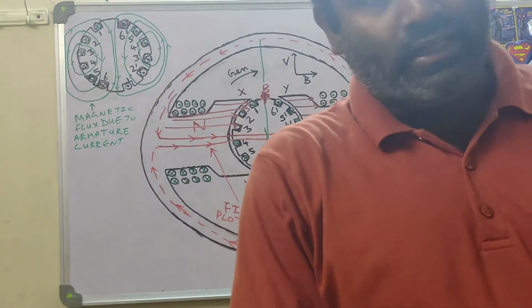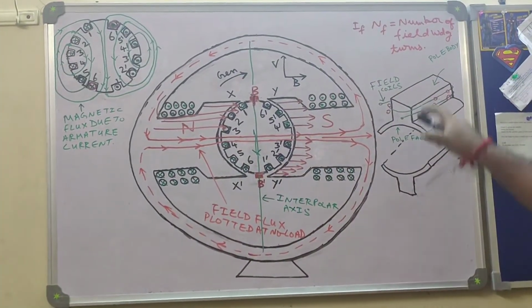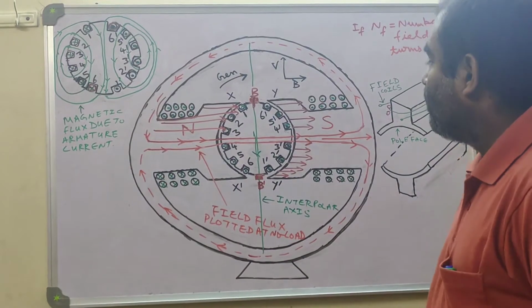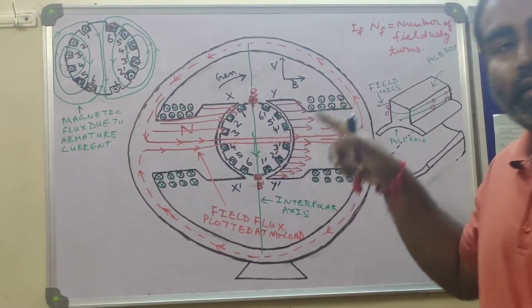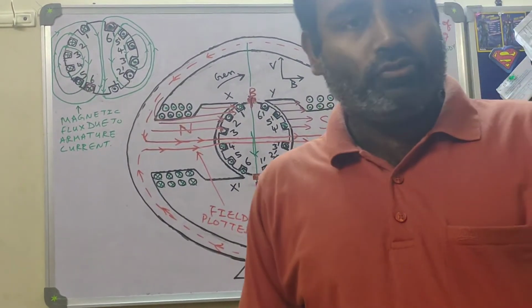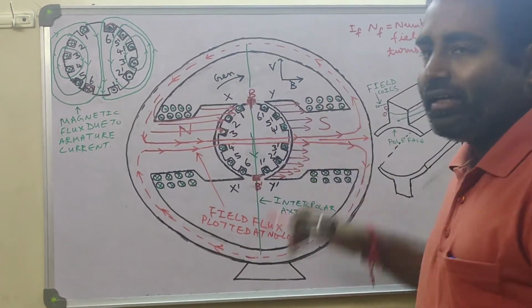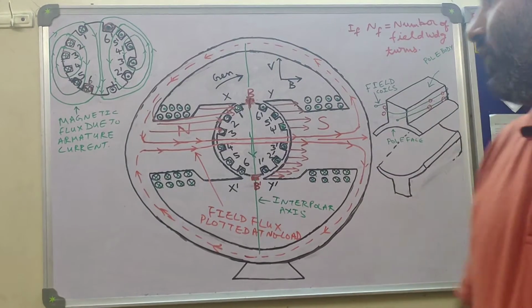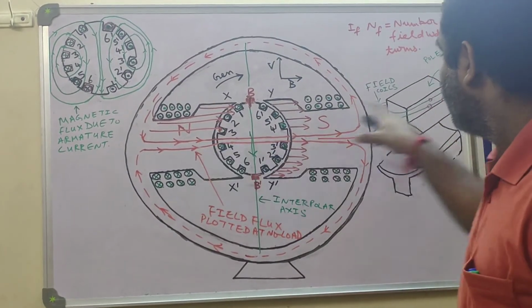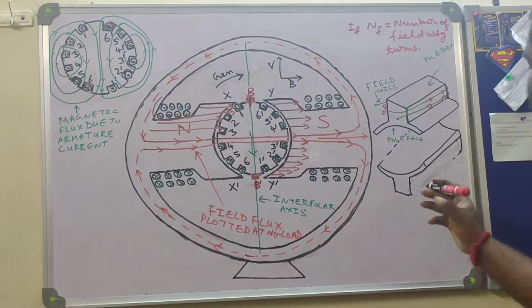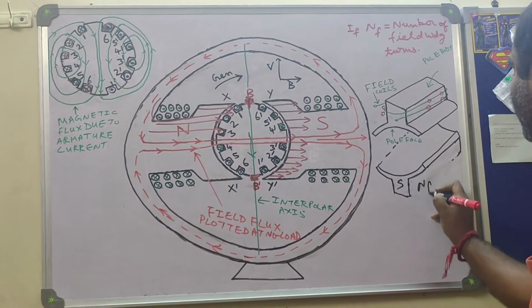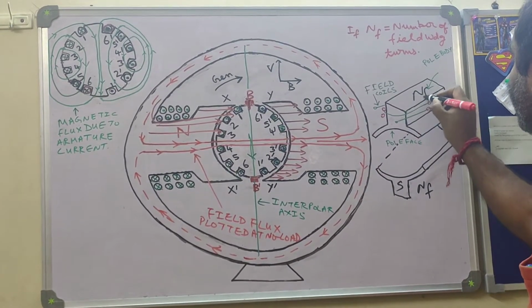Now it is needless to say that the number of turns on the north pole and the number of turns on the south pole have to be made equal, because we want the strength of the north pole magnet and south pole magnet to be equal. So if NF is the number of turns in this north pole, likewise in the south pole also the number of turns will be NF. Here also NF, here also NF.